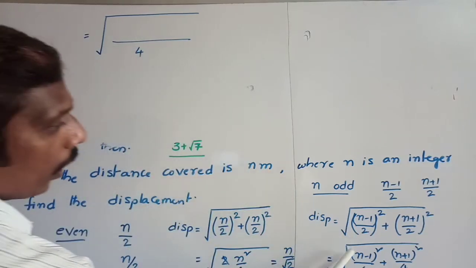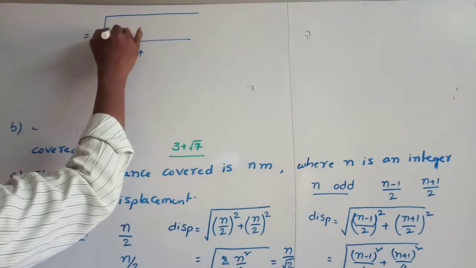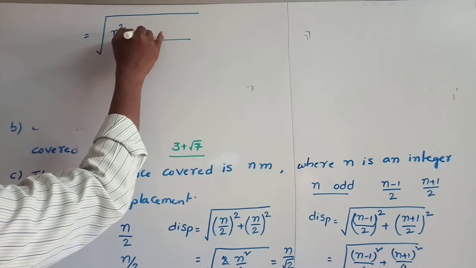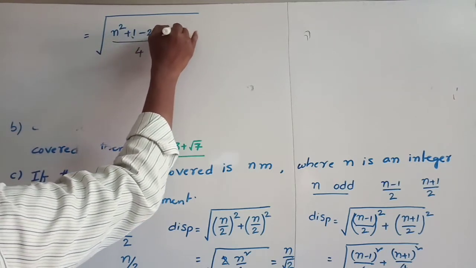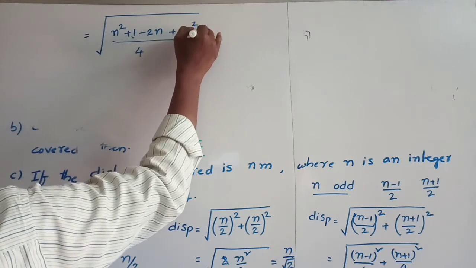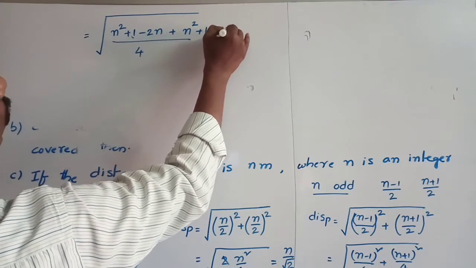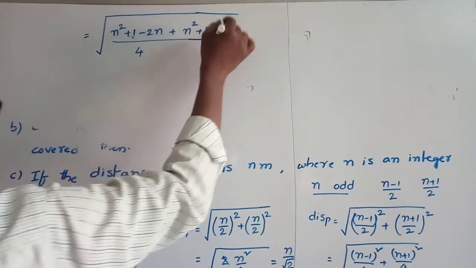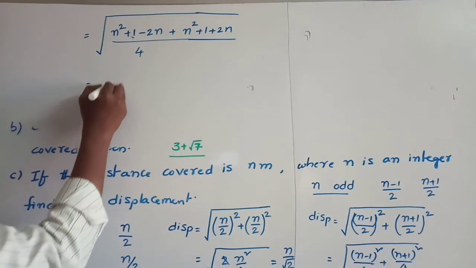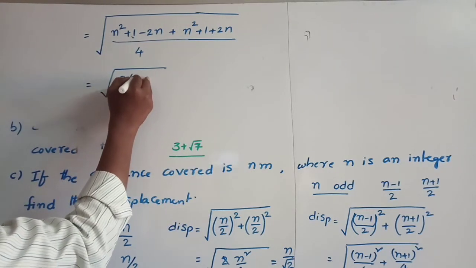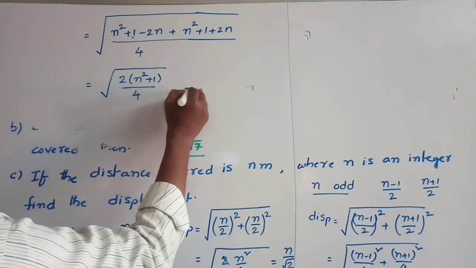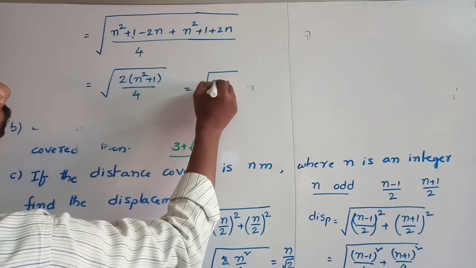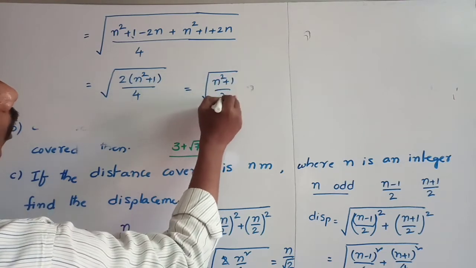In the numerator, (a minus b) whole square is a square plus b square minus 2ab, and (a plus b) whole square is a square plus b square plus 2ab. Here minus 2n and plus 2n get cancelled. Under root of 2 into (n square plus 1) by 4, which is equal to root over (n square plus 1) by 2.